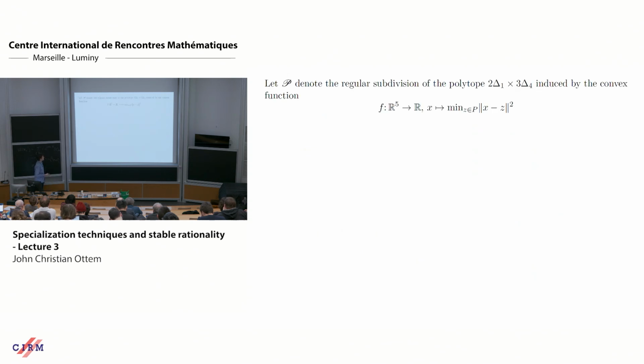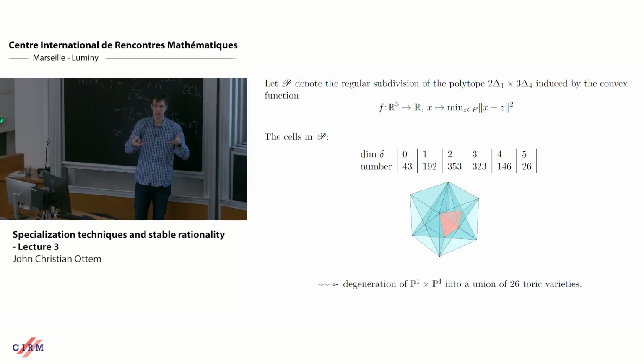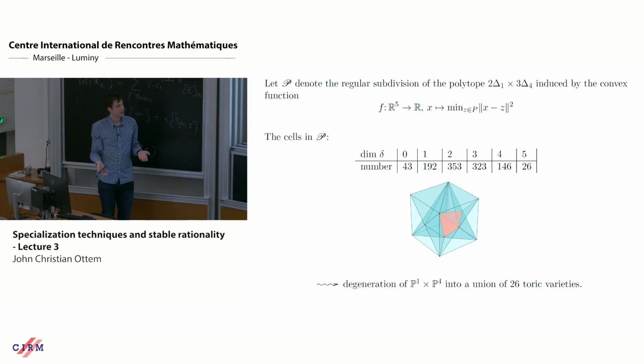Okay, but now we can just find some nice subdivision. So basically, the most naive thing that you can do: you have a big polytope, and a smaller polytope inside it. You just take the function that's the distance to the smaller polytope. This is a convex function, and that defines a subdivision.